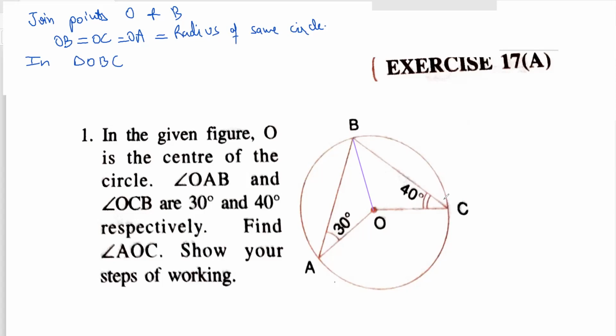Now, if in triangle OBC, OB is equal to OC, it means this triangle is an isosceles triangle. Therefore triangle OBC is an isosceles triangle.